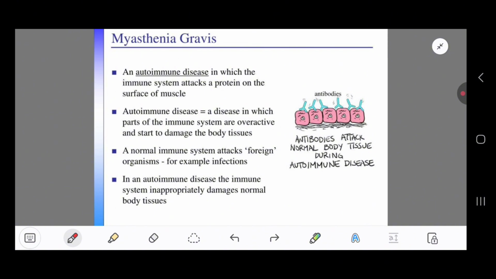Myasthenia gravis is an autoimmune disease in which the immune system attacks a protein on the surface of muscle. Look, these are antibodies, and this is the surface of the muscle, and the antibodies will go and attack the surface of the muscle.